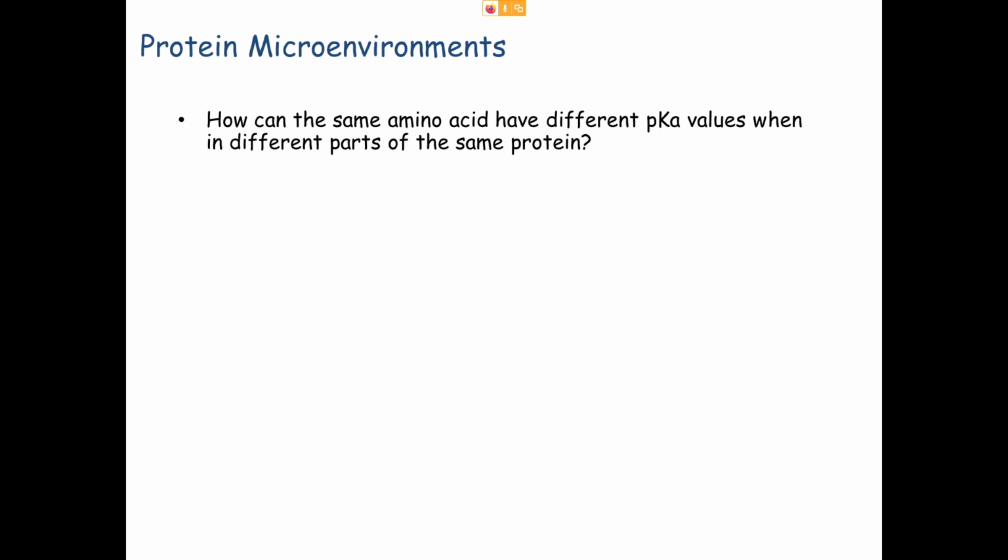Okay, so if I had a histidine that's in a region of the protein that's surrounded by a bunch of aspartic acids. Right? So there's a bunch of aspartic and glutamic acids nearby, near my histidine. Do you think the histidine's pKa, and think about this before you answer, will be 6.0, or more acidic, lower than 6.0, or much higher than 6.0?